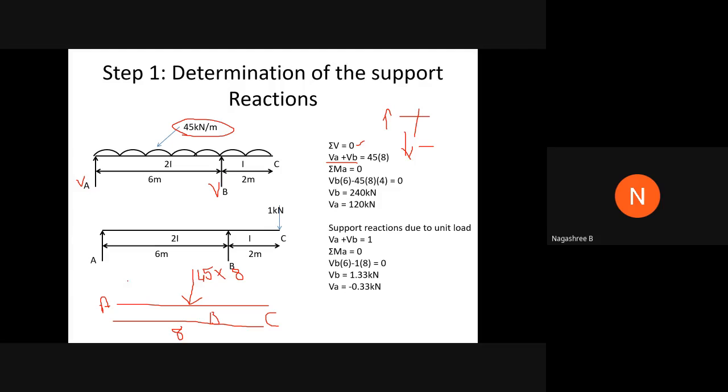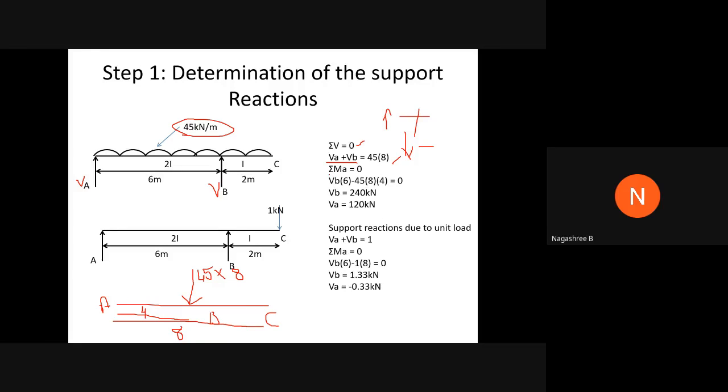So it is 8 meters, so it is 45 into 8, acting at a distance of 4 meters from A.